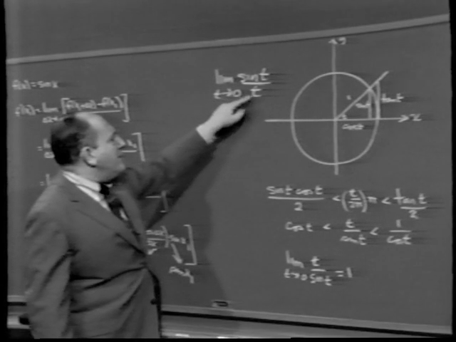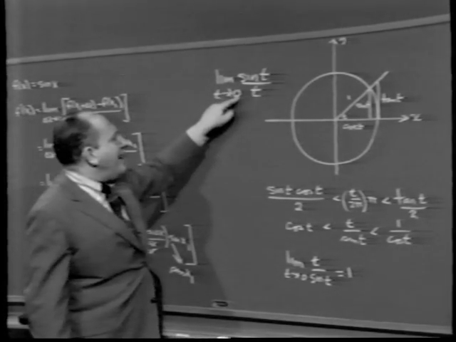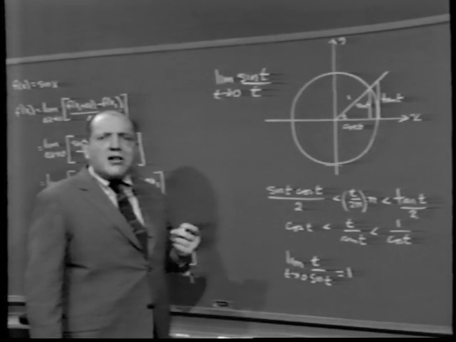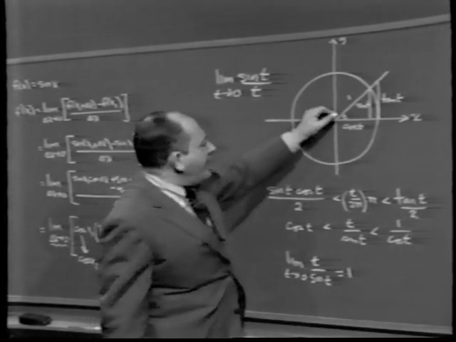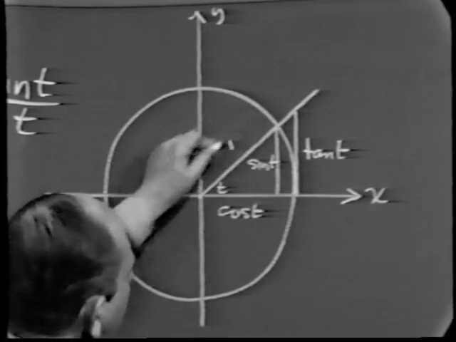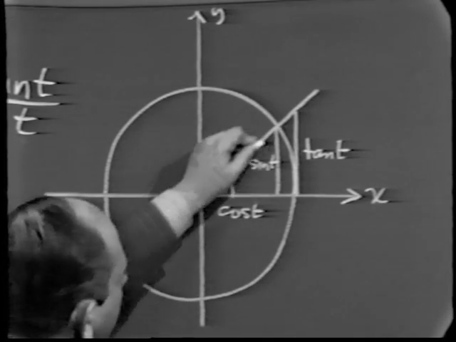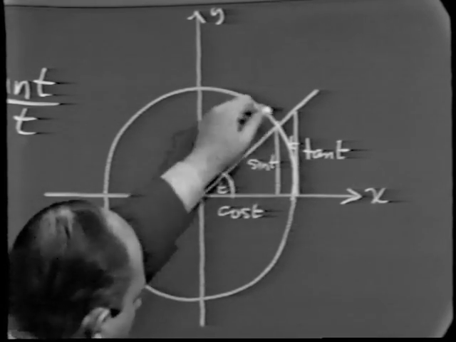If it bothers you to think of this as a length divided by a length, etc., and that this is a length or a number, let's agree that we will go back to angles but use radian measure. Why? Because if the angle is measured in radians, the sine of the angle, t radians, is the same as the sine of the number t.